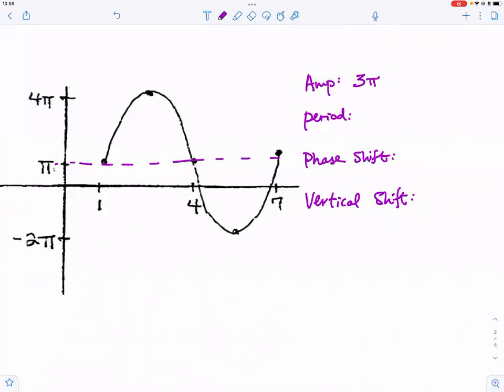Not 3, but 3 pi. Okay. What's the period? 6. Any shift? To the right by 1 and vertically.